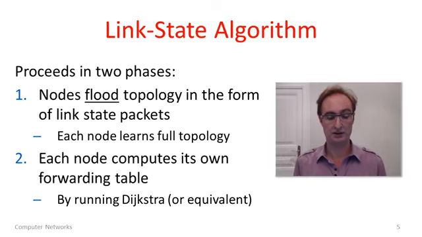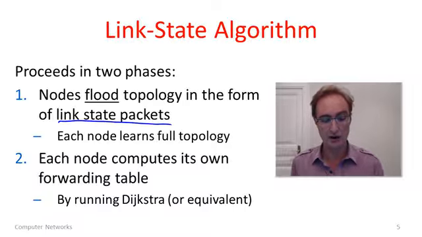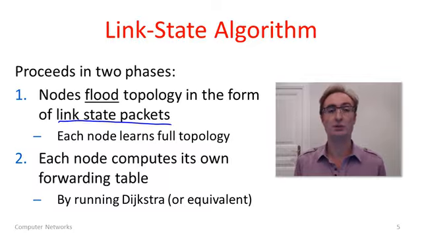Here's how it works. There are two phases. In the first phase, each node floods information about its local portion of the topology to everyone else using what's called link state packets. In this way, every node will get a picture of the full topology. So we do this whenever the topology changes or when we start.